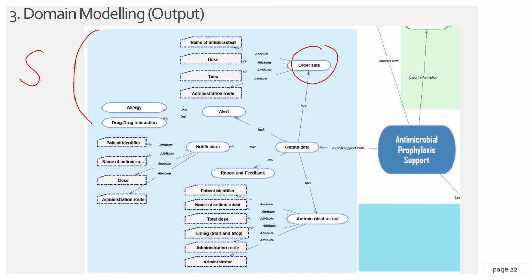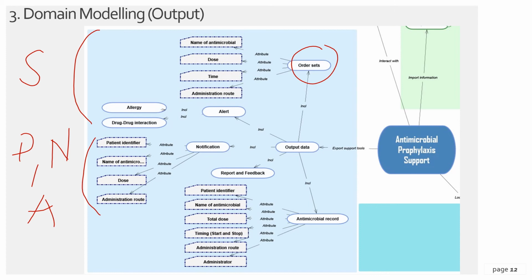The second group of output is notification, which includes information about patient identifier, name of the antibiotics, dose, and administration route for different users, including the pharmacist, nurse, and anesthesiologist.